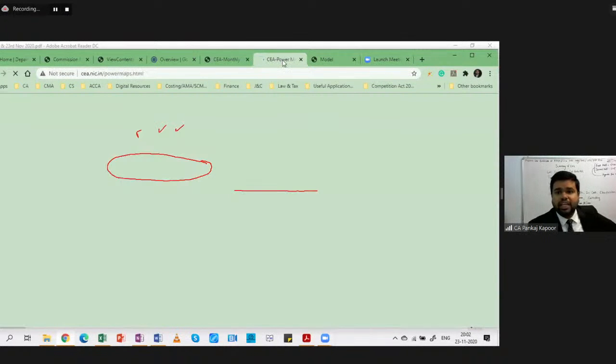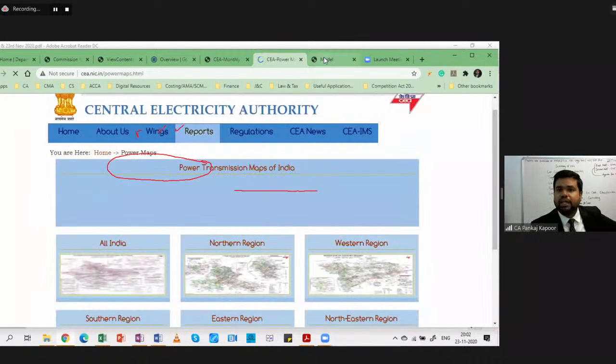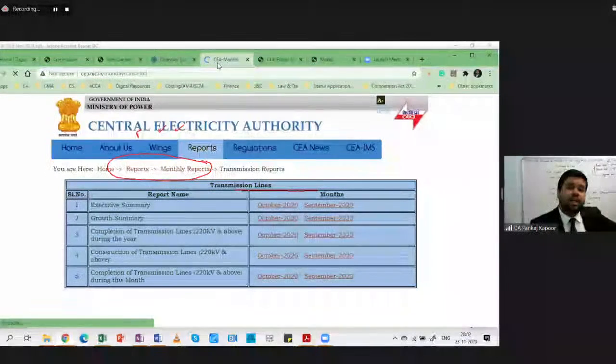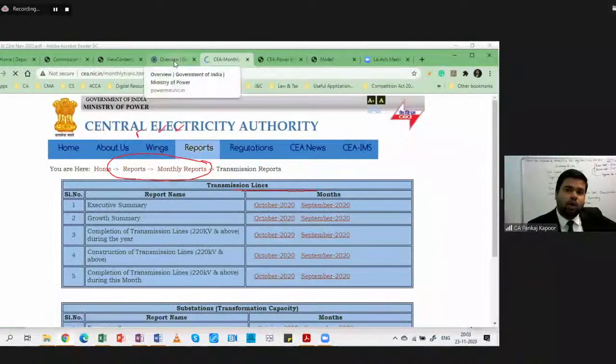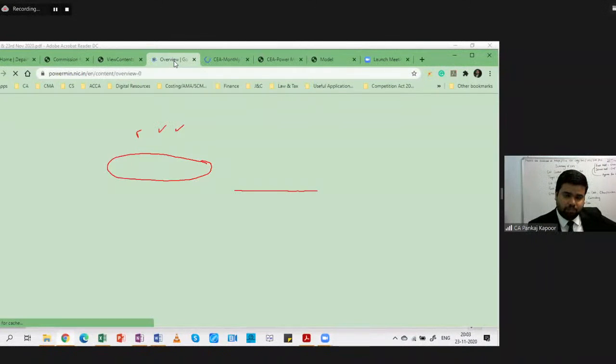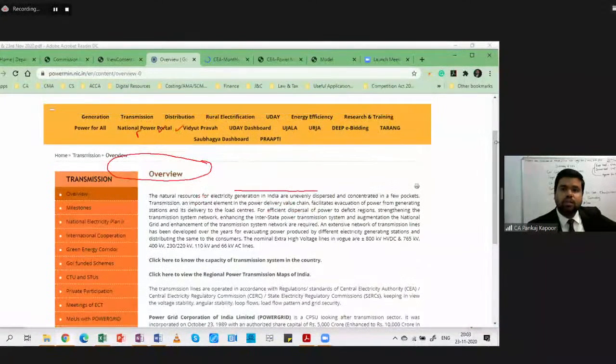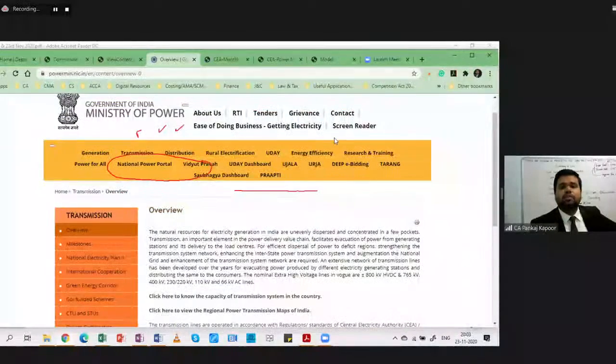Now I'll keep moving to different web pages so that I can help you understand some things. The Central Electricity Authority is working under the Ministry of Power. Just give me a minute, it will not take more than a minute. Okay, here is the Ministry of Power.